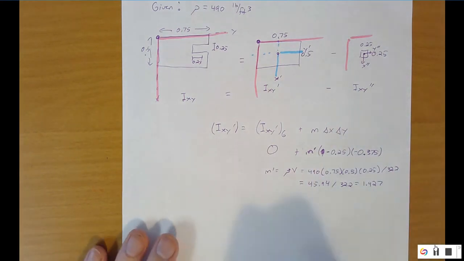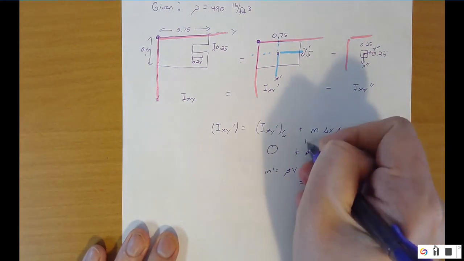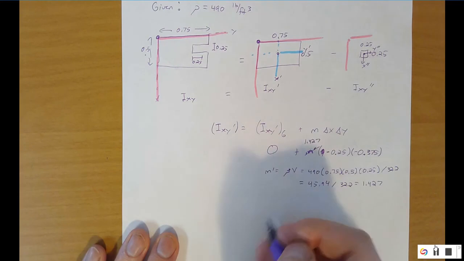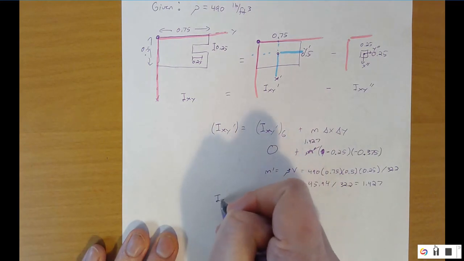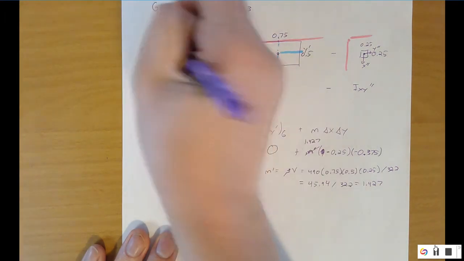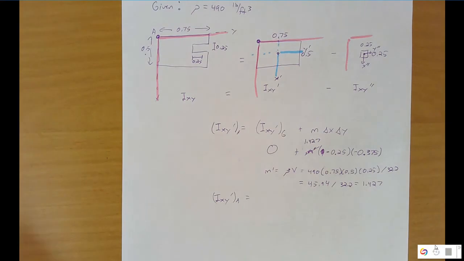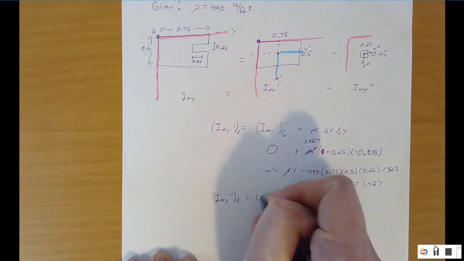Okay. So then you put your 1.427 here, run your calculation, and you'll find that Ixy prime about our base point A up here is 0.1338.